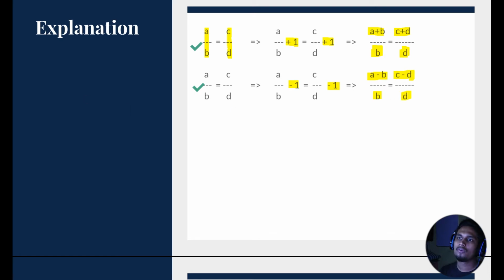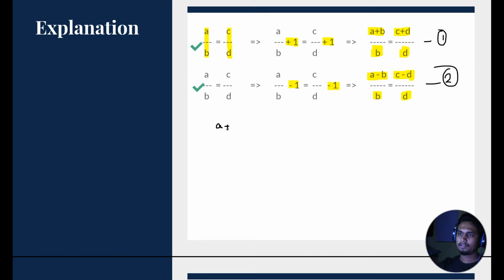Now what should be the Componendo-Dividendo rule? So suppose this is the first equation and this is the second one. We are just dividing the first equation by the second one.